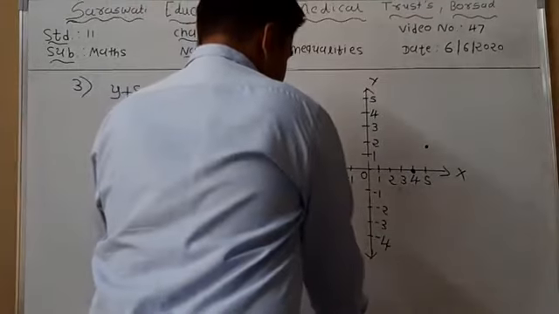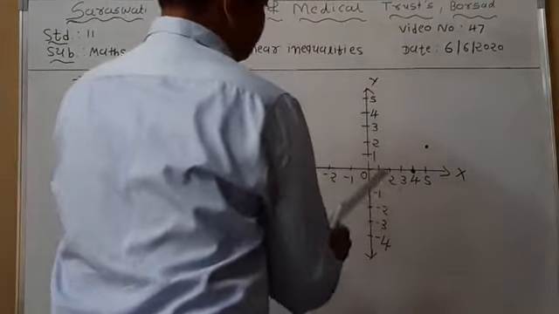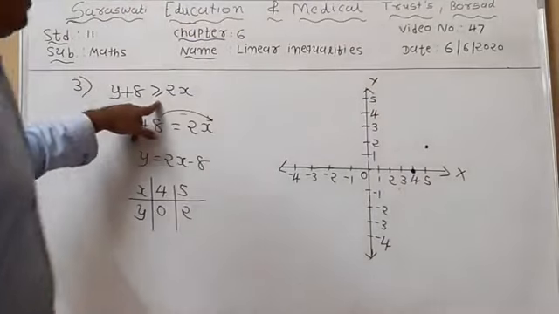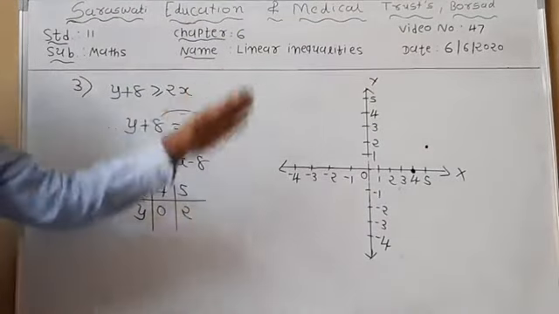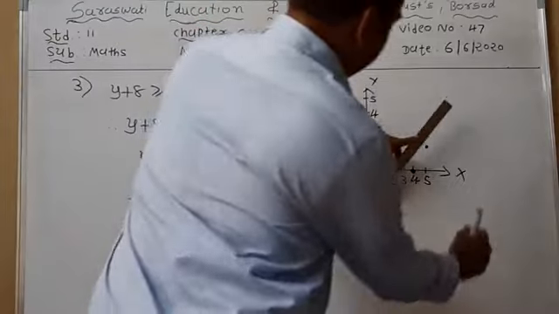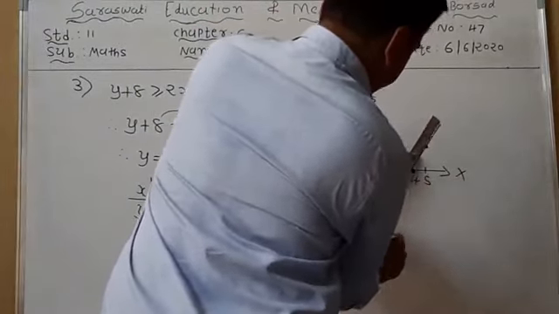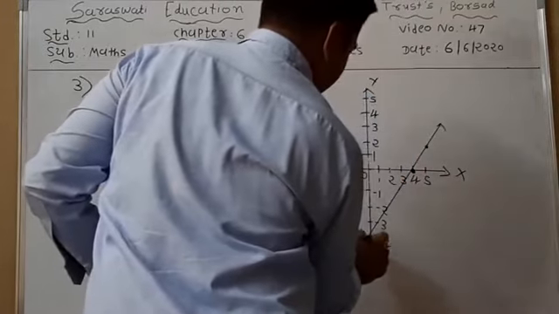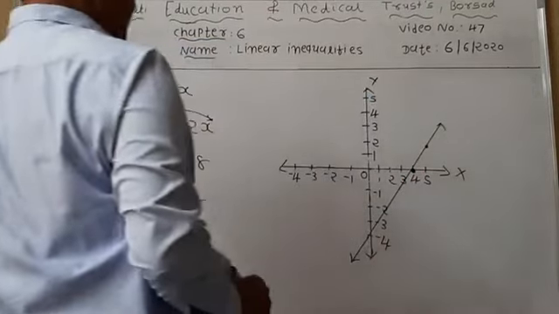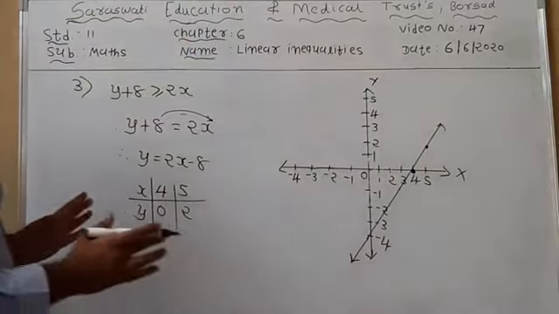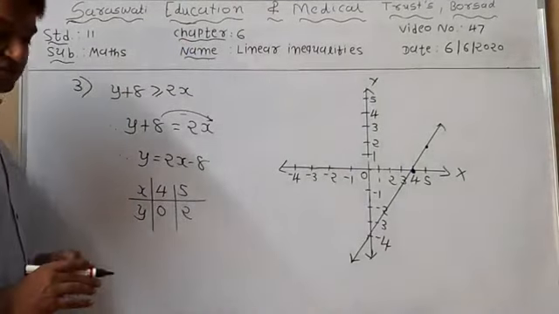So join this line. Now here greater than or equal is present, so draw a dark line. Okay.